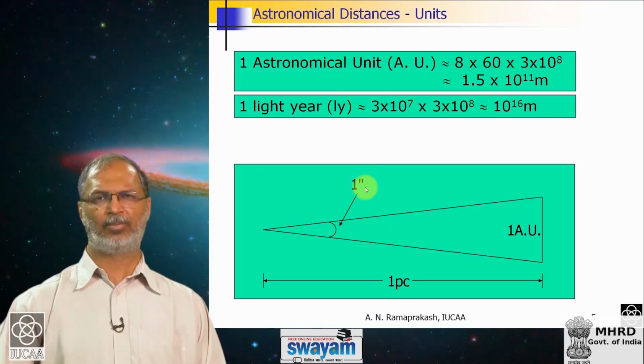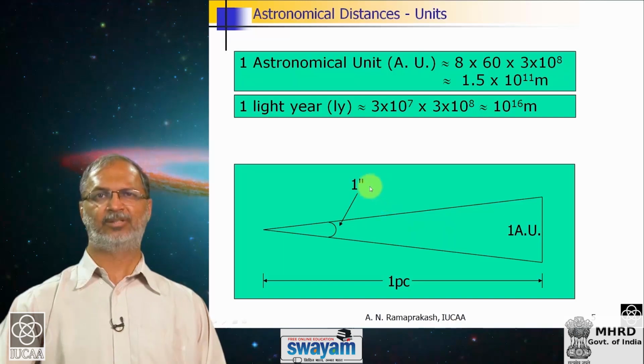Now, if you remember, 1 arc second is 1/60th of 1/60th of a degree. That is a very tiny angle. 1 degree, as you all know, is a small angle. 1/60th of a degree is 1 arc minute.